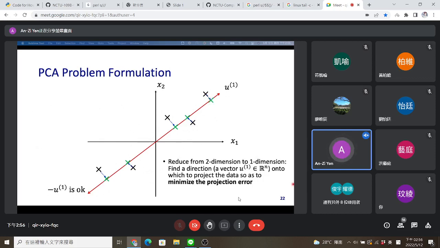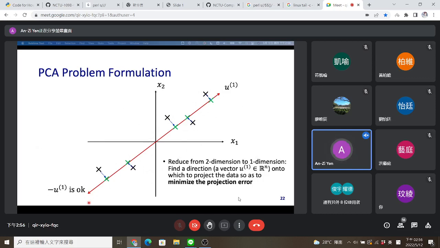So that is the case of reducing data from two-dimensional to one-dimensional. But in the more general case, we have n-dimensional data, and we want to reduce it to k dimensions.